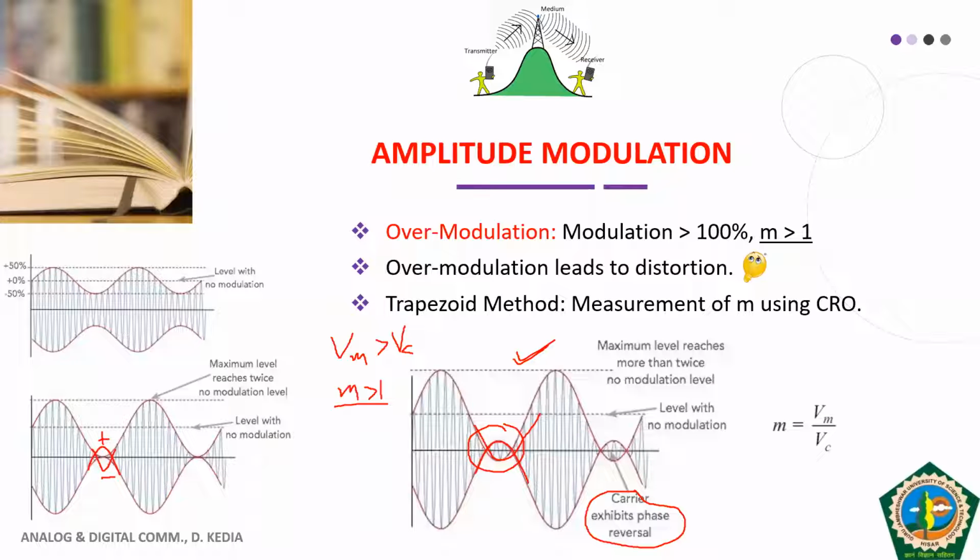So because of over-modulation, phase reversal of the carrier values takes place. Okay, and because of this phase reversal of the carrier, the signal is distorted. That's why your modulation index in amplitude modulation can never be greater than 1, because it leads to distortion due to phase reversal.